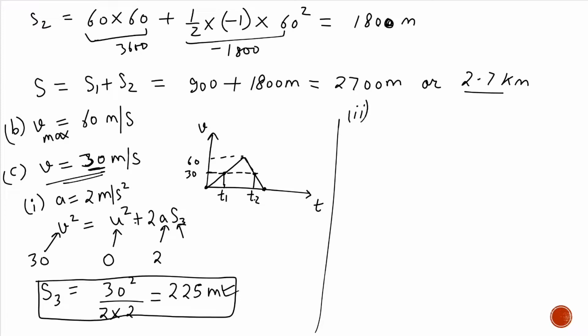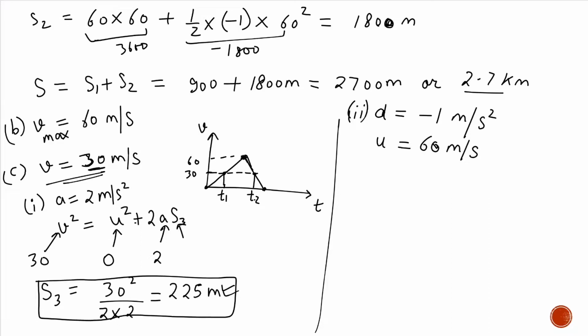Now in the second case there is deceleration, and we have found the deceleration as -1 meter per second square. In this case the initial velocity u would be 60 meter per second, because the deceleration starts when it reaches the maximum velocity.